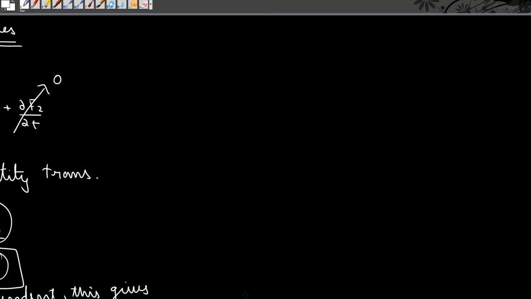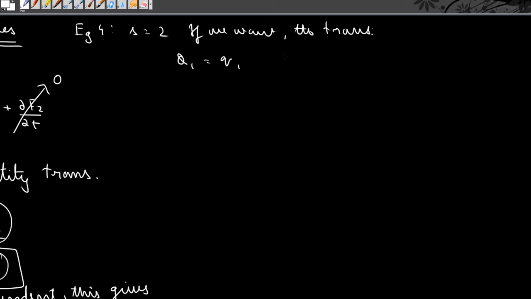Alright, so let us consider the next example, example 4. Here let us say S is equal to 2, that is, the degrees of freedom is equal to 2. Now if we want the transformation which is Q1 equal to Q1 and P1 equal to P1, and Q2 equal to P2 and P2 equal to minus Q2.